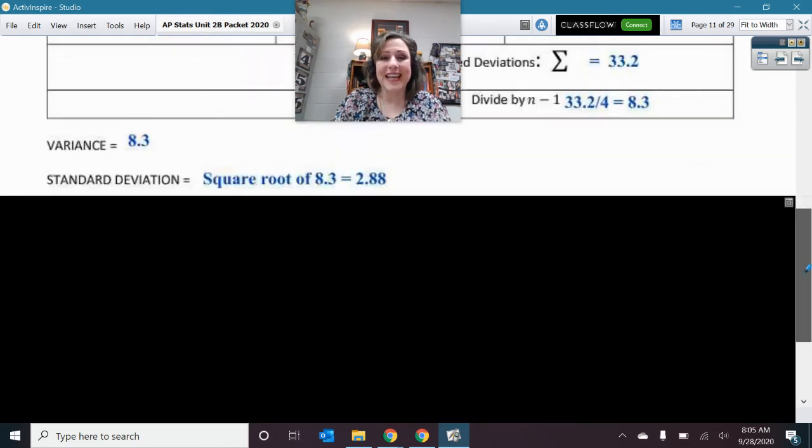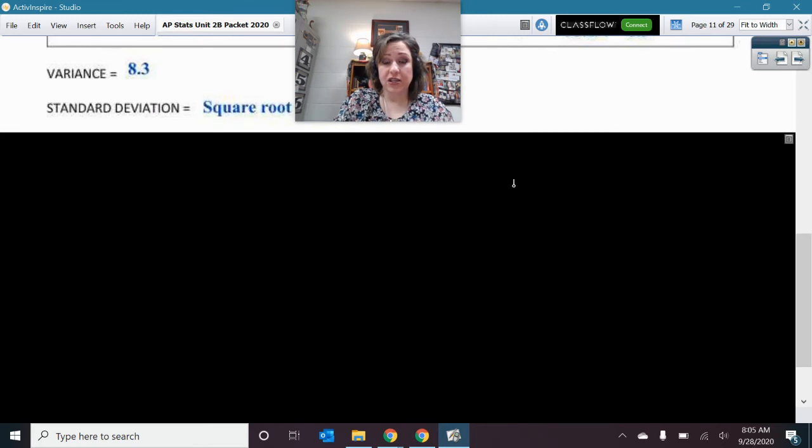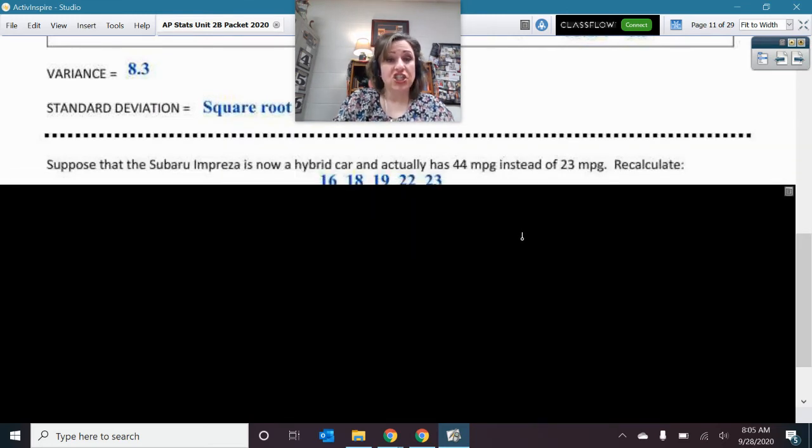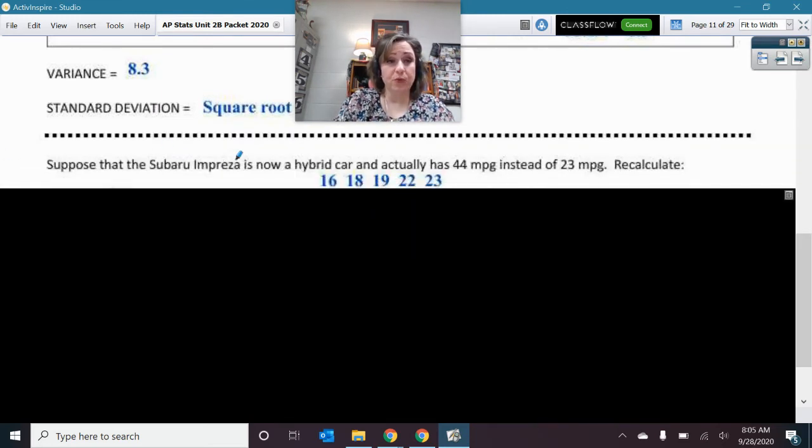Now, you are asked to do this again. Suppose that the Subaru Impreza is now a hybrid car and actually gets 44 miles per gallon instead of 23. We need to recalculate. Look, I wrote this wrong. It should be 16, 18, 19, 22, not 23, but 44.